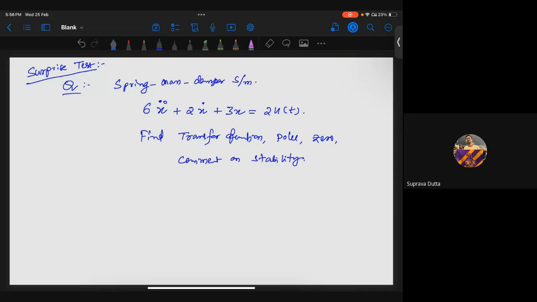What is on the right hand side? 2u of t. X is the output, u is the input. I'm typing the mail ID. Take 5 minutes and do it.